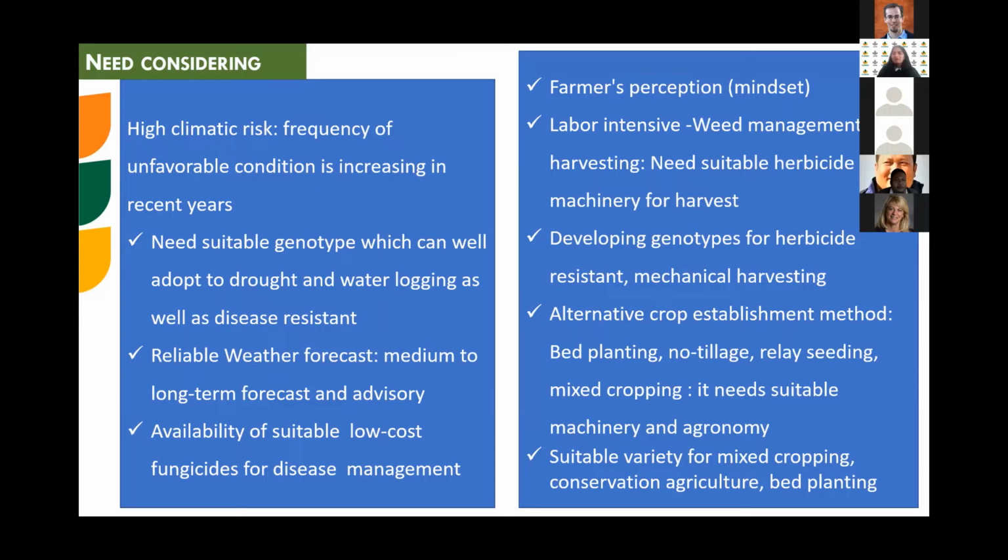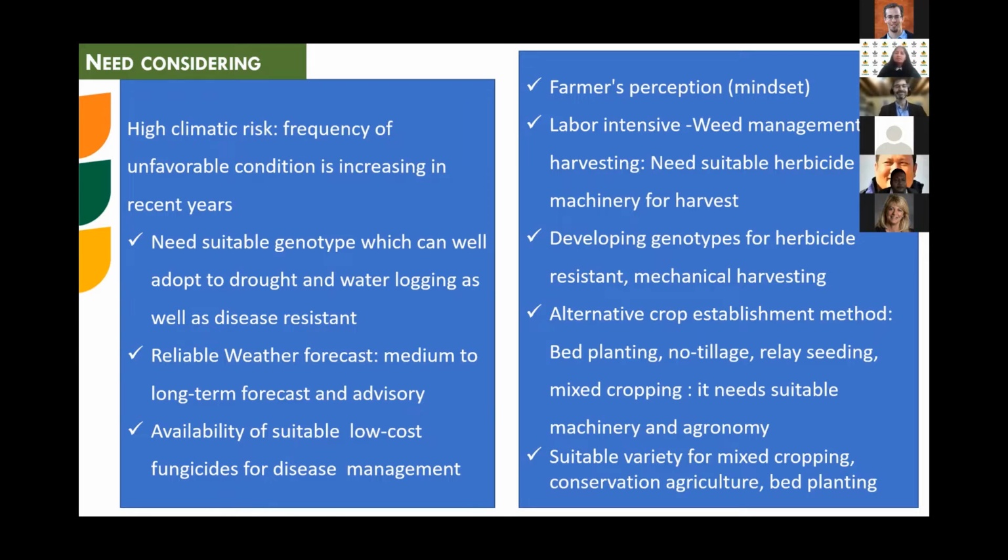Developing genotypes for herbicide resistance and mechanical harvesting is very important to sustain lentil productivity in Nepal. Alternative crop establishment methods like bed planting, no tillage, relay seeding, and mixed cropping need suitable machinery and agronomy. And suitable varieties for mixed cropping, conservation agriculture, and bed planting, which are considered research conservation technologies and can be the future of farming. So we have to focus on suitable varieties for those conditions.